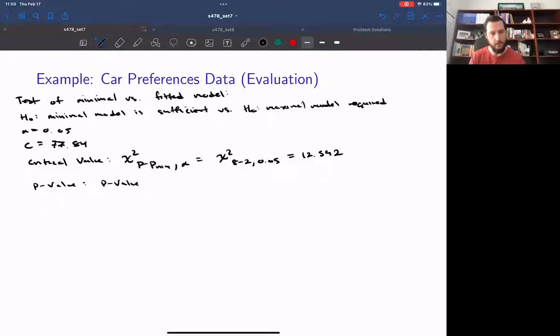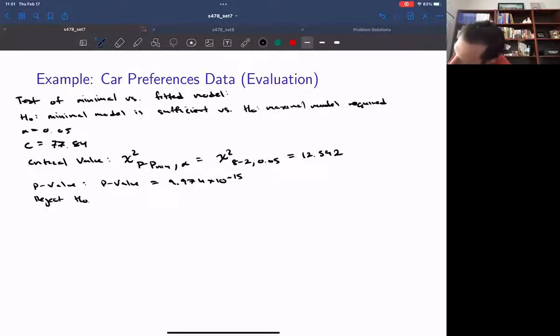And then we can also calculate the p-value. The p-value for this particular problem is going to be basically 0. So this is 9.974 times 10 to the negative 15. Okay, so then we would reject H0.